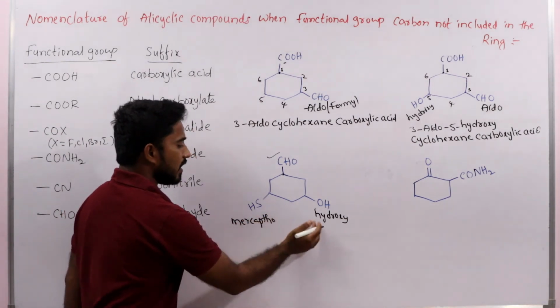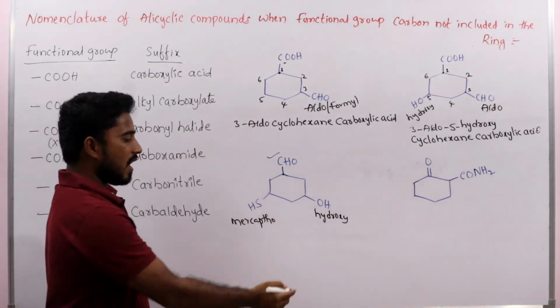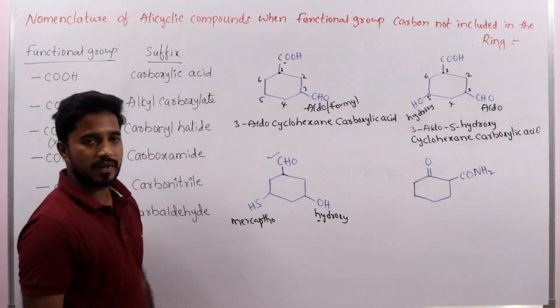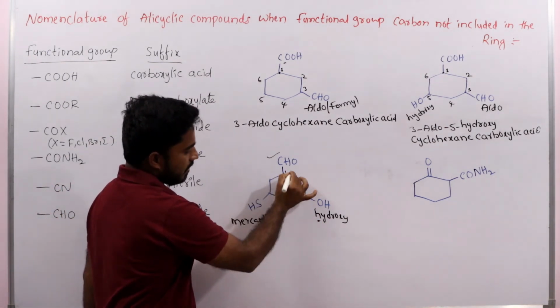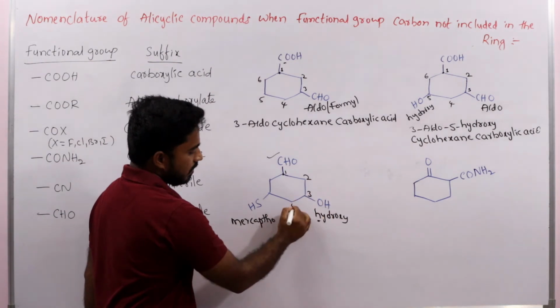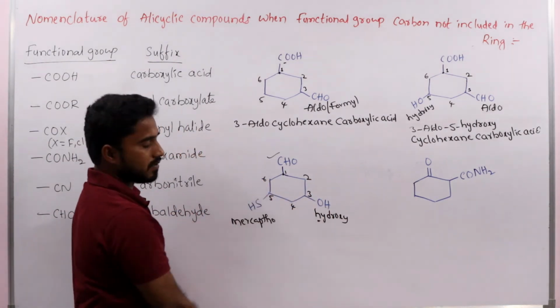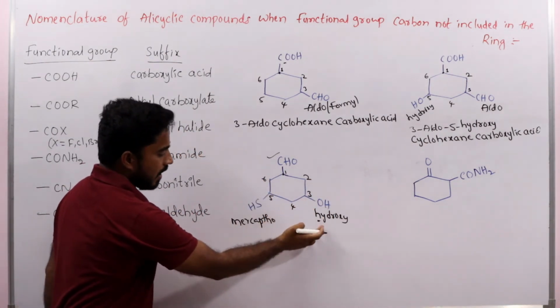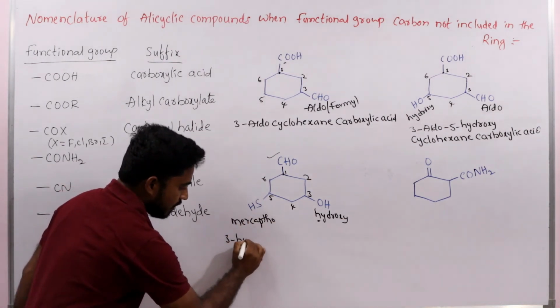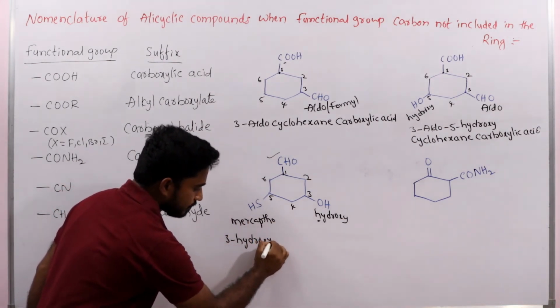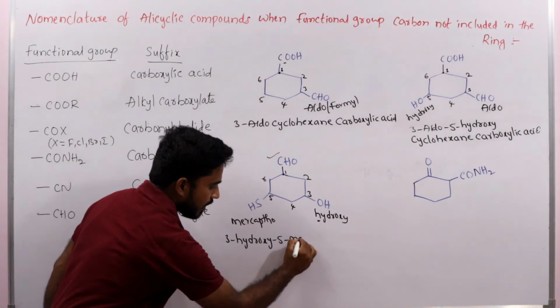In these two, which one will come first in alphabetical order? Hydroxy will come first in the alphabetical order. That's why numbering we have to go through like this: 1 2 3 4 5 6. 3-hydroxy 5-mercapto.